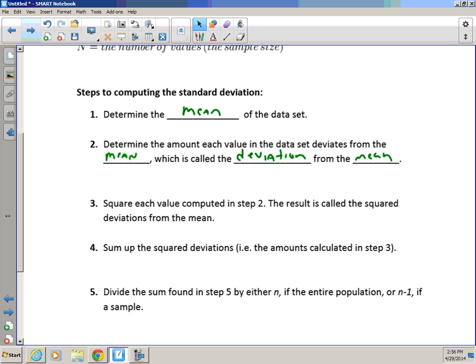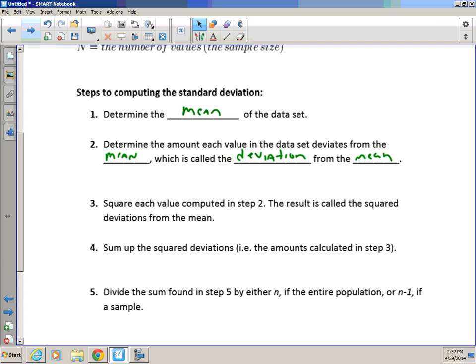You square each value that you just computed. That's called the squared deviations. You sum them up. You divide that by n, if it's the entire population, or n minus 1, and then you take the square root of that. So let's just see how this works in the example we just did.